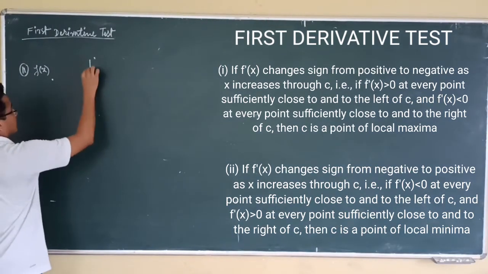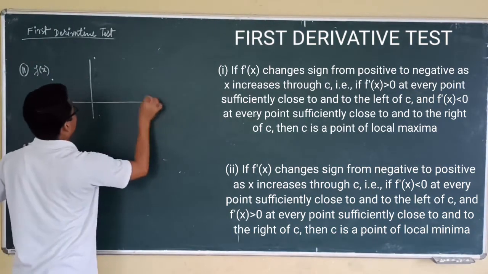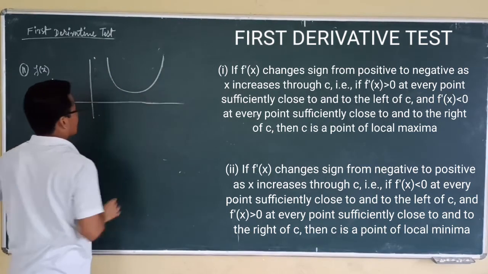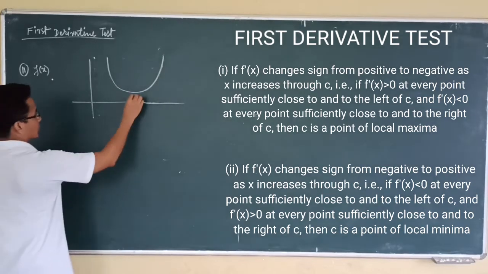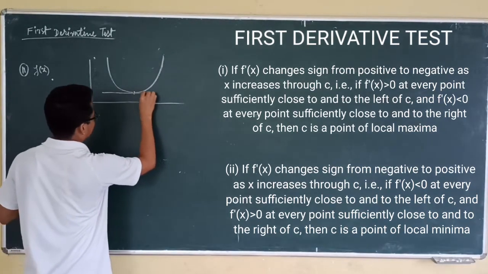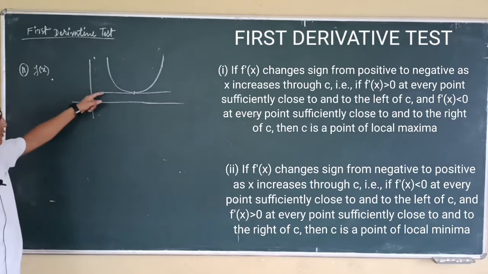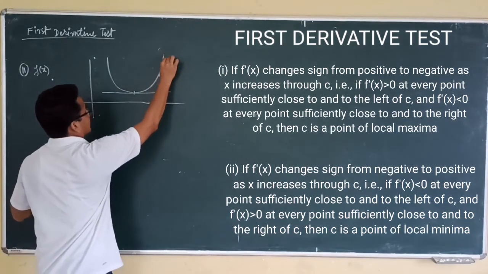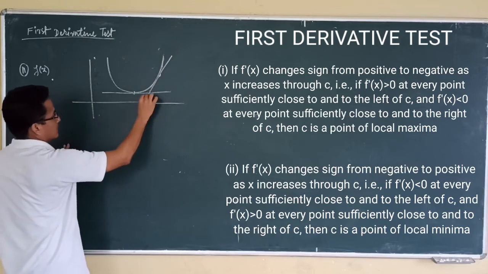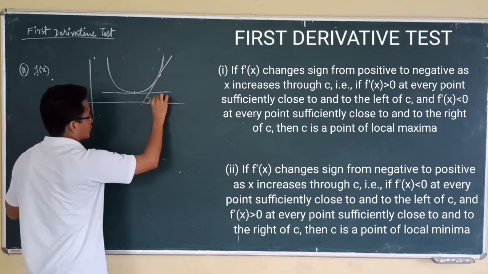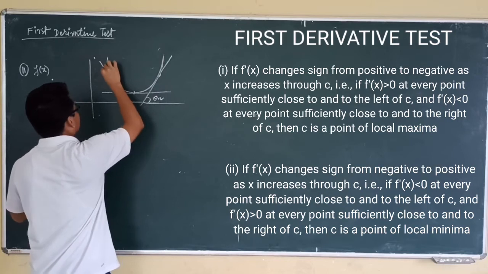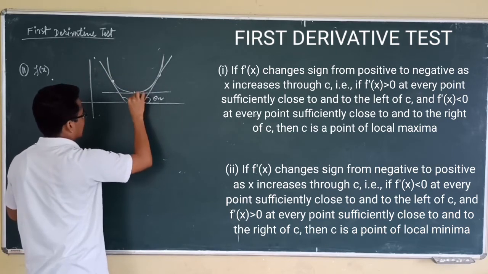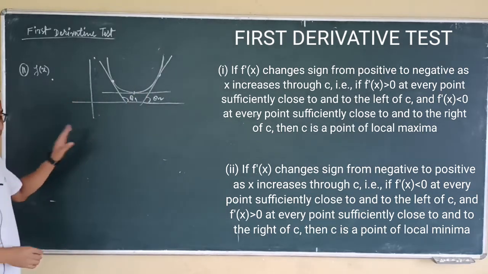So I will draw the graph once again. The graph is in this way. Here at the bottom we will get the slope parallel to the x-axis, and from here take one point. Then you will see this angle is theta 2, and if you take the angle here, this angle you will take as theta 1. Now let's see.